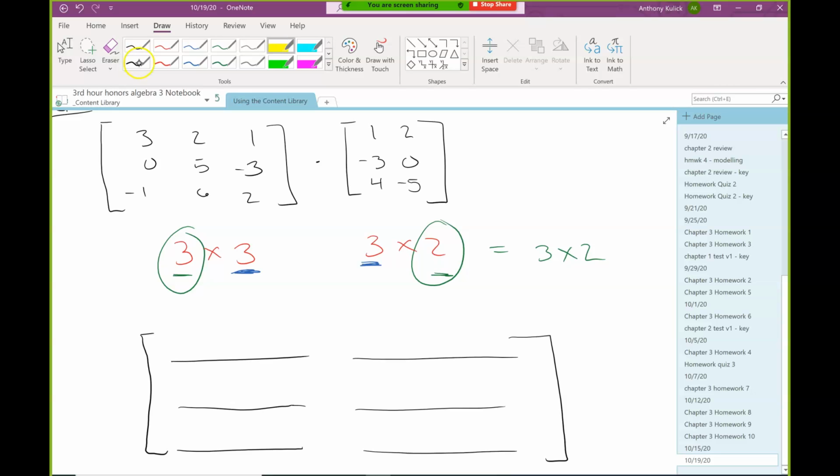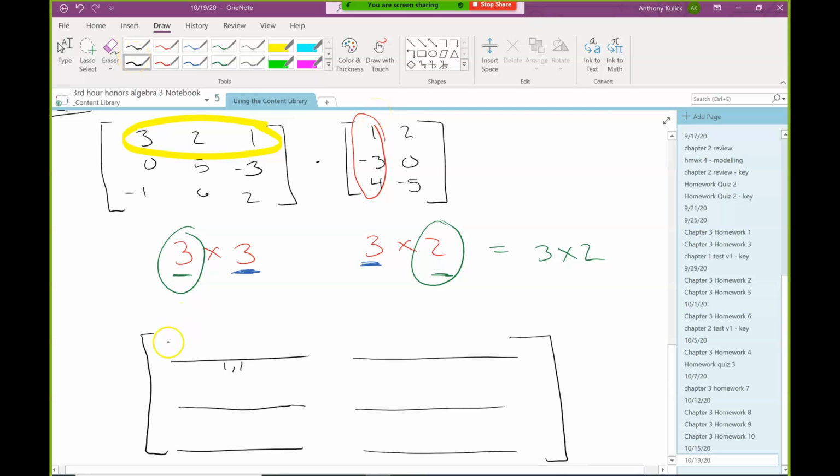So for our entry 1, 1, we're going to take row 1 and multiply it by, I'm sorry, that is the wrong order. We're going to do row 1 times column 1, and then we're going to add up those individual entries.